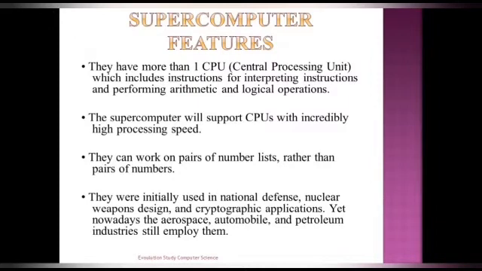They can work on pairs of number lists rather than pairs of numbers. They were initially used in national defense, nuclear weapons design, and cryptographic applications. Yet nowadays, the aerospace, automobile, and petroleum industries still employ them.